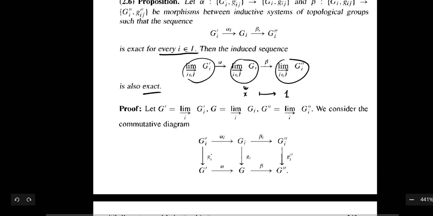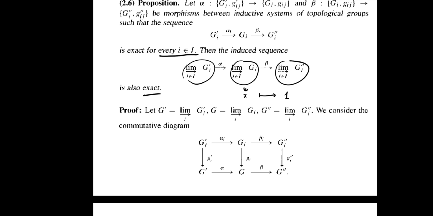I don't understand this diagram, which means that the truth element here, this is xi, okay, which is mapped to 1.